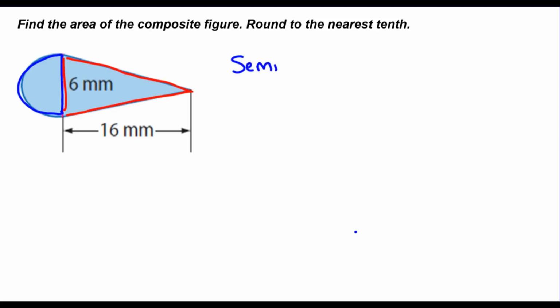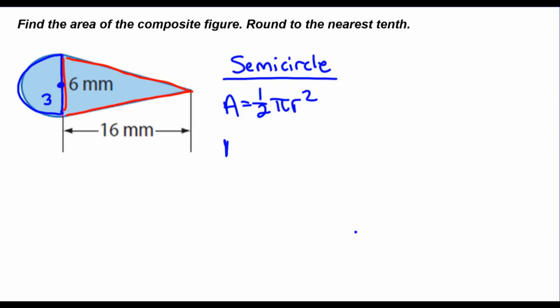A semicircle, since it is half of a circle, is going to be 1/2 pi r squared. And the radius of this circle, well, the base of this triangle is 6 millimeters, so halfway across the base would be 3 millimeters. So our radius is 3 millimeters.